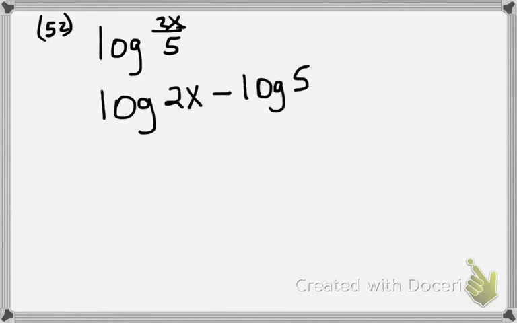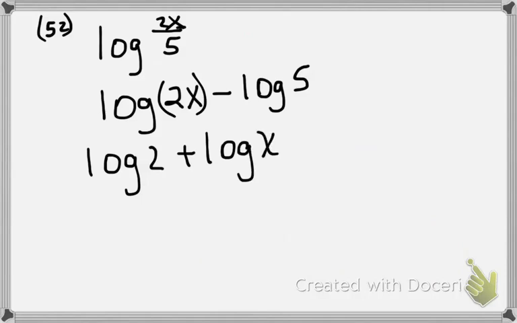And it seems like I could be finished there, except the 2 and the x are multiplied. It's 2 times x. So if I'm going to break that apart, I'm going to change it to log 2 plus log x, and then minus log 5. So if I have 2 times x divided by 5, then that's going to break into 3 parts.